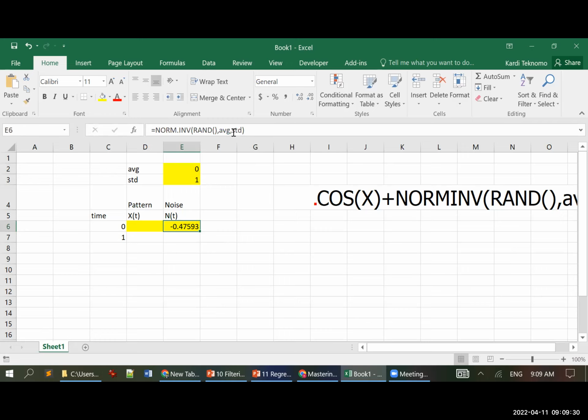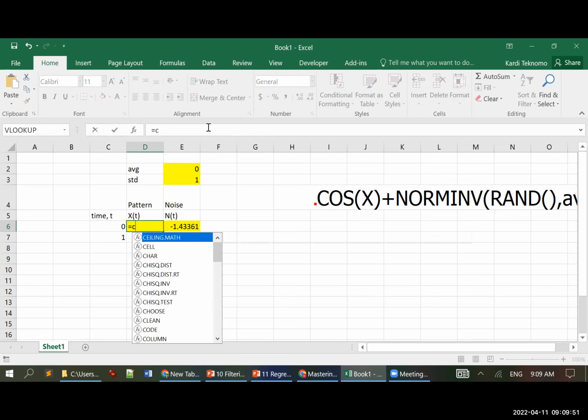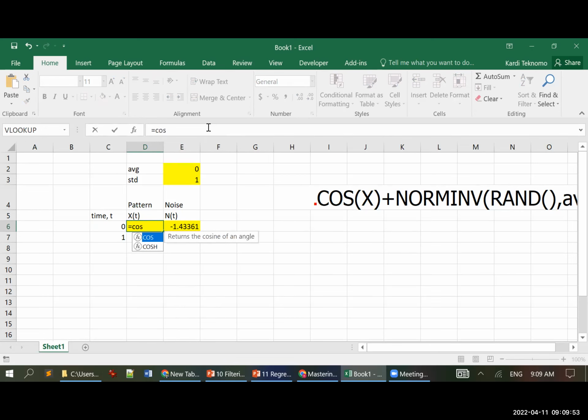If you look at this, every time I press F9, the noise will change. Now the pattern is cos of the time, where the time is t here. So I will put cos of time.